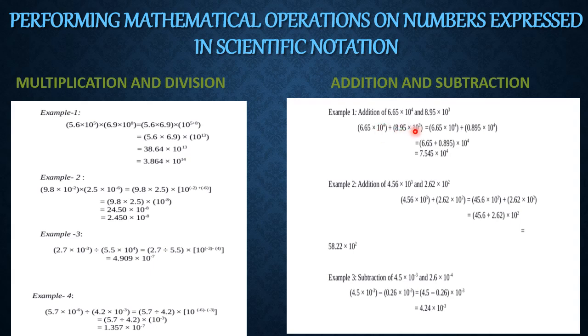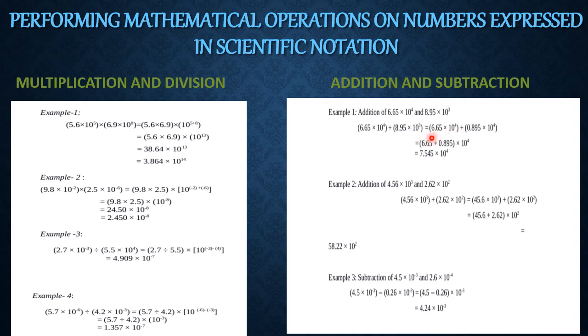So during addition, if both powers are different, then it becomes difficult to add. Therefore, we have to make them equal. Whether you make both 10 to the power 3 or 10 to the power 4 is left to you. Then we can take that 10 to the power common. I have made it 10 to the power 4 here. You can make it 10 to the power 3 also. Both are allowed.